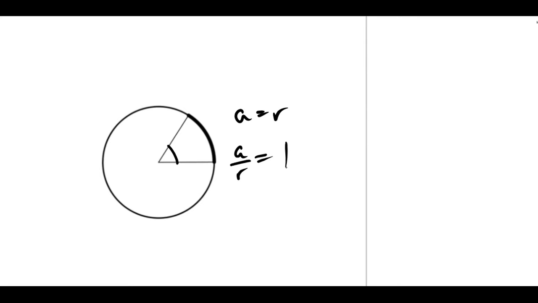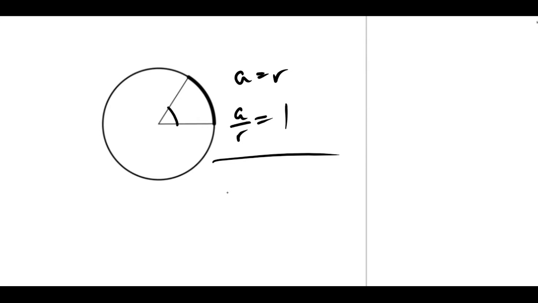If I think about this as A centimeters equals R centimeters, A centimeters over R centimeters, the centimeters cancel. That's what makes it unitless. And when the arc length is equal to the radius, that's when we get 1 radian by definition.